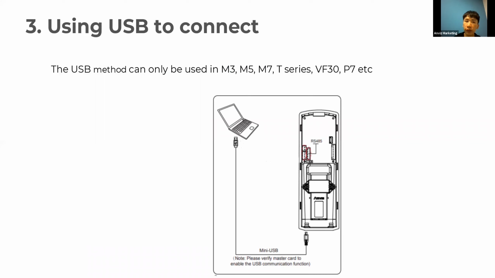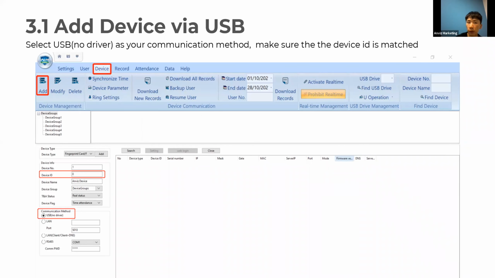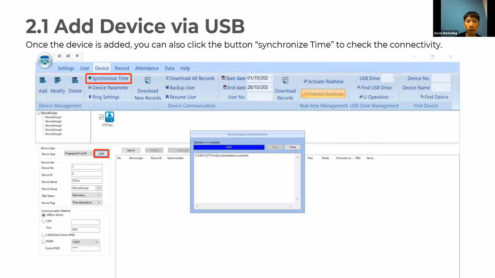The third is using the USB to connect. It can only be used with M3, M5, M7, or T series devices, VF30, P7, etc. If you're using USB to connect the device, also make sure the device ID is matched, and please select the first option, which has USB.